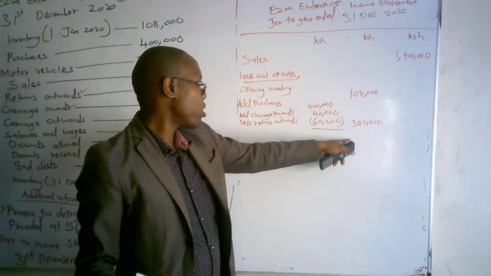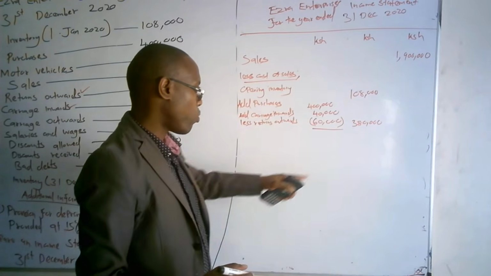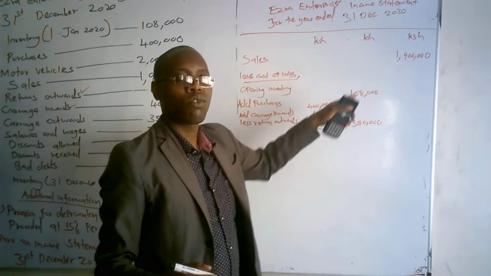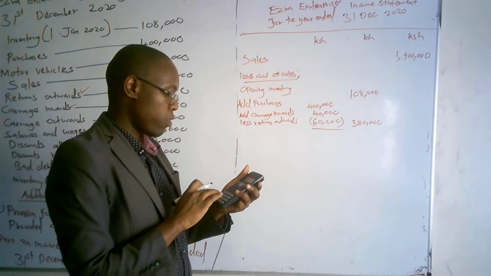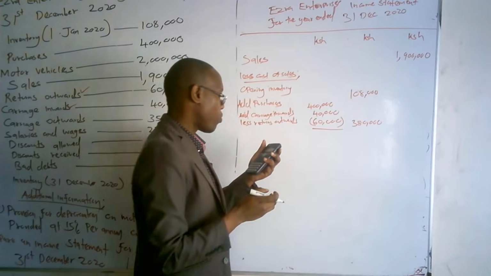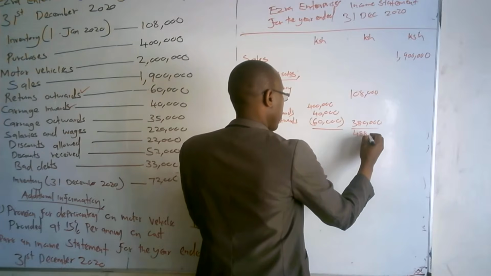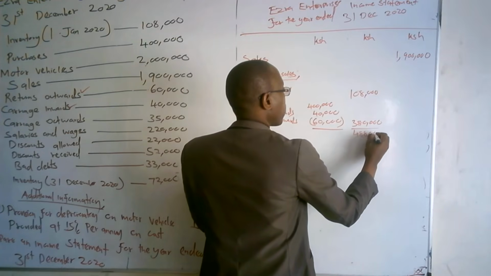So net purchases is going to be added to that opening inventory. So we are going to take 380,000 plus that 108,000. Then we are going to have 488,000.